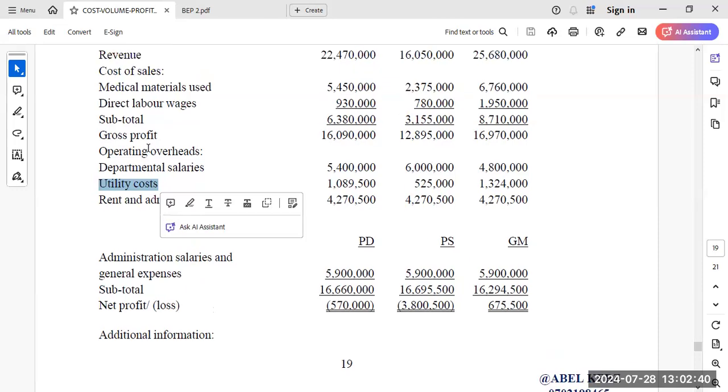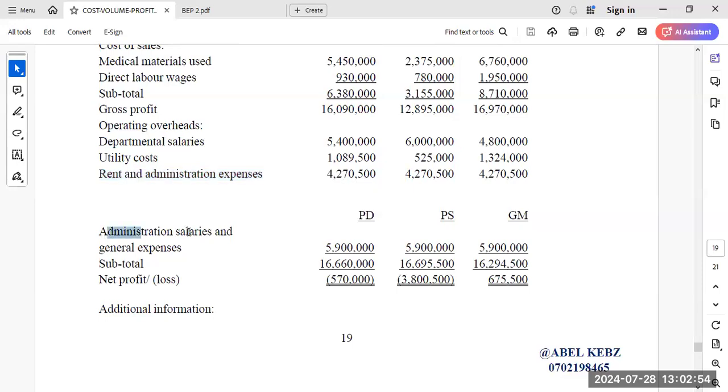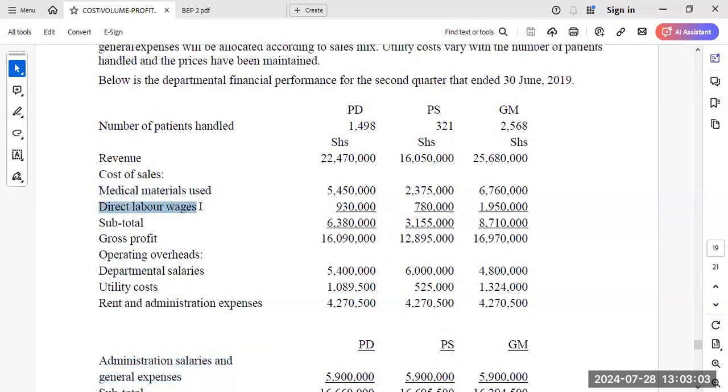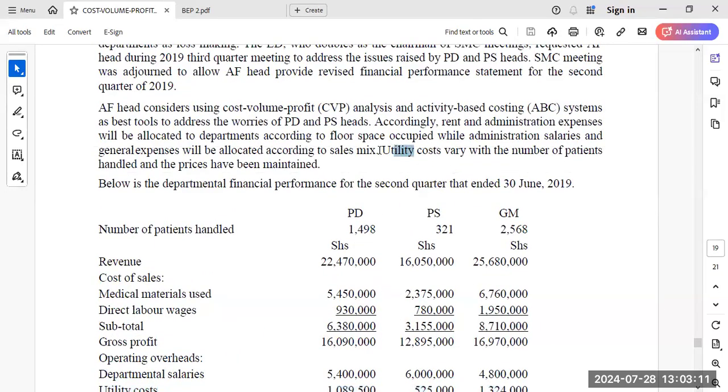Then other costs will make part of the fixed costs, like departmental salaries, rent and administration expenses, then administration salaries and wages. These ones will be part of my fixed costs. But the fact that they told us here utility costs vary with the number of patients handled, then it becomes part of our variable cost.